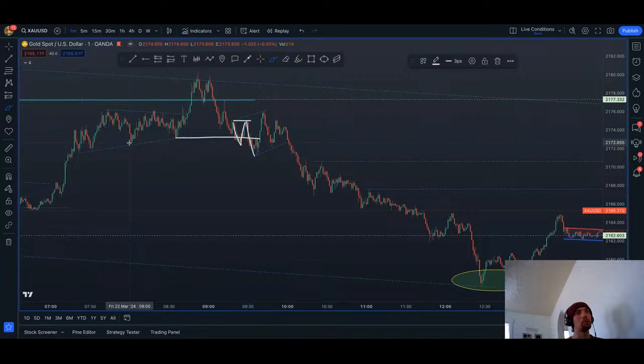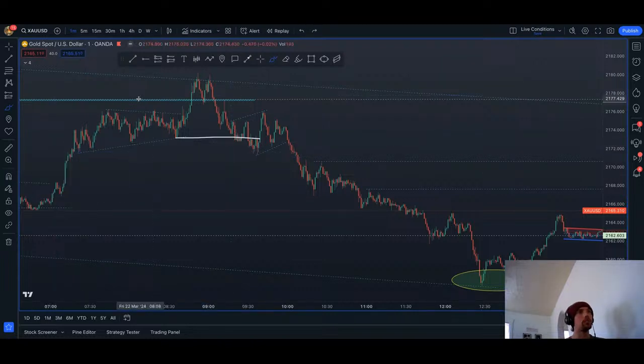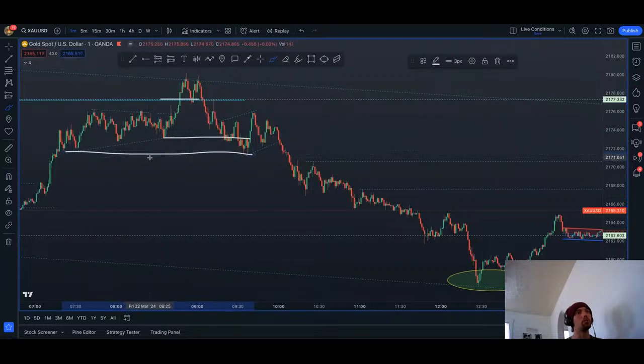It broke this low, and it coincidentally came back down and fulfilled our liquidity on this part. Now remember, the liquidity that we grabbed for this, where we marked our take profit, is legit the exact same thing that happened here. Let's zoom in.